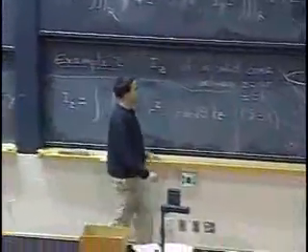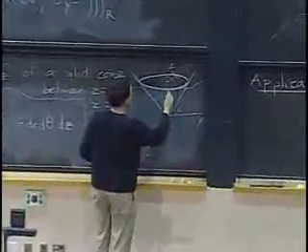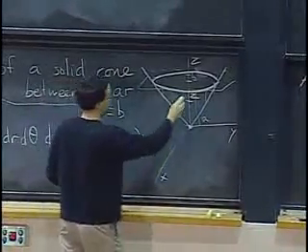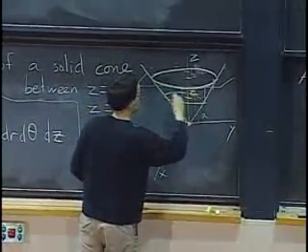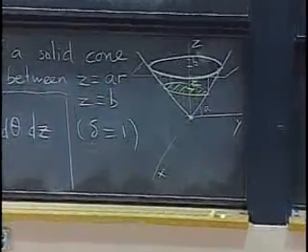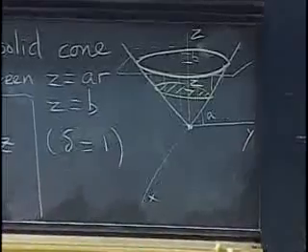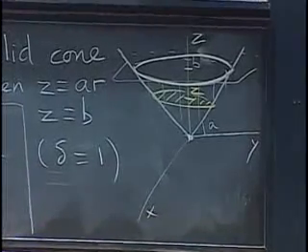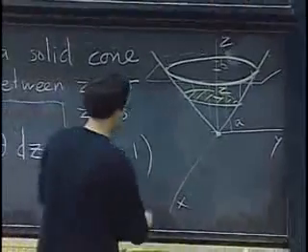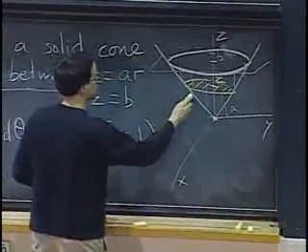I fix a value of z, and I slice my solid by a horizontal plane. I'm going to get a circle, certainly. What's the radius? Well, a disk, actually. What's the radius of that disk? Yeah, the radius of that disk should be z over a, because the equation of that cone is z equals a r.